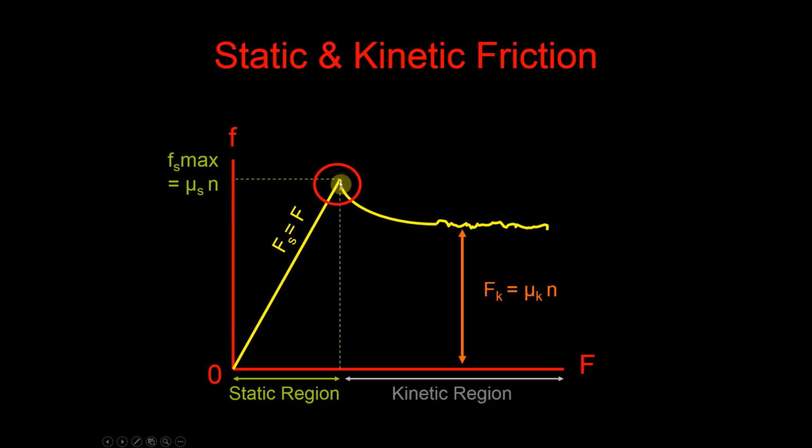That means the block is about to slip. As the block slips on its surface, you can see that the force of friction drops down, and this whole thing should be undulating just like this part of the graph is. As this drops down, this is showing that our force of kinetic friction is less than our force of static friction. That means it's easier to keep an object moving than it is to start an object moving in the first place.